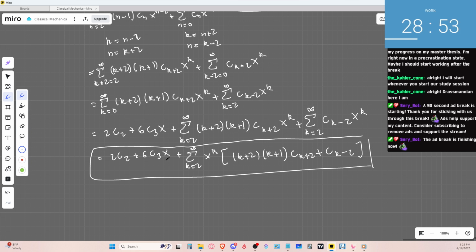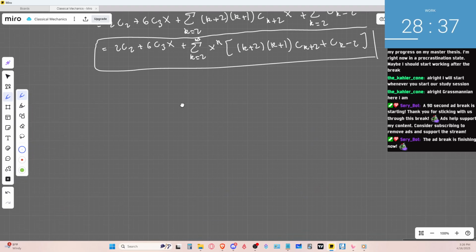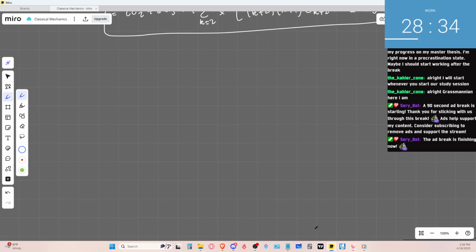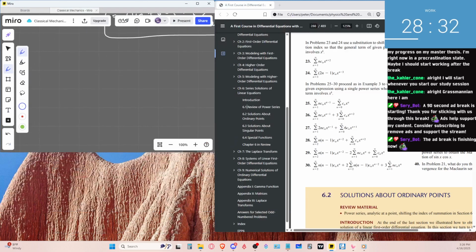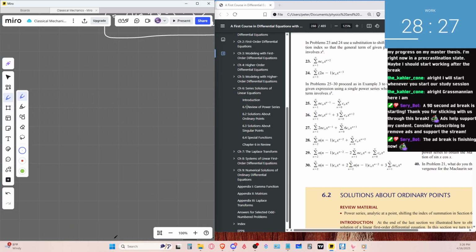Huh. Yeah, that's weird. Is it because they're constants? Maybe that might be a fluke. Let's try number 29 then. If it's the same thing for 29, if it has that type of workaround, I might have to see what I did wrong there, because everything else in what I wrote is correct.